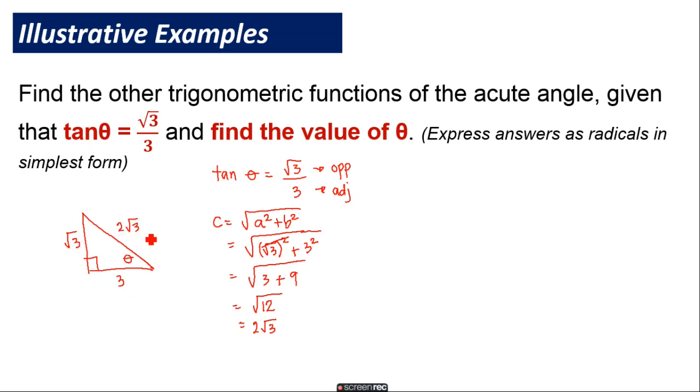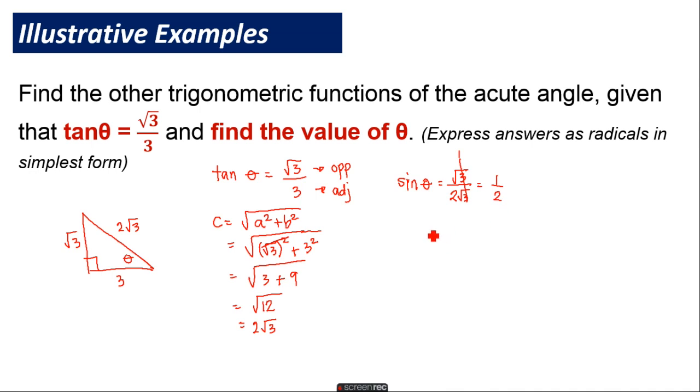So the sides are now complete. We are now ready to get the trigonometric functions. Let's start with sine theta. That's the square root of 3 over 2 square root of 3. You simplify this, so that's cancelled out, and that will be 1/2.